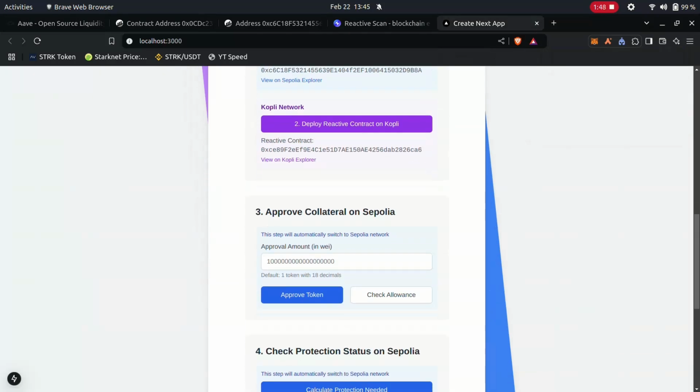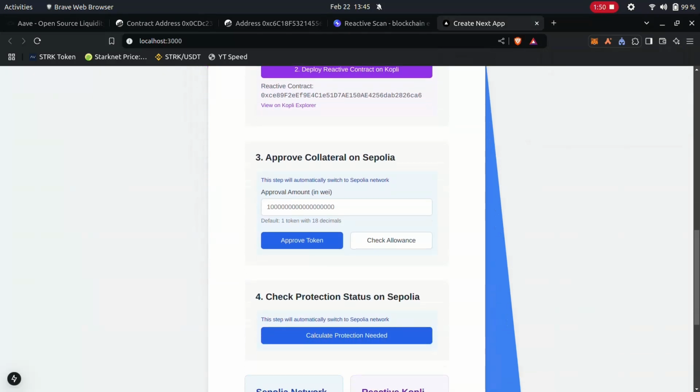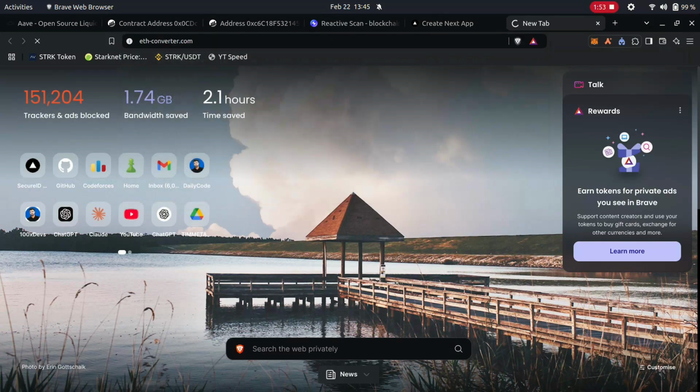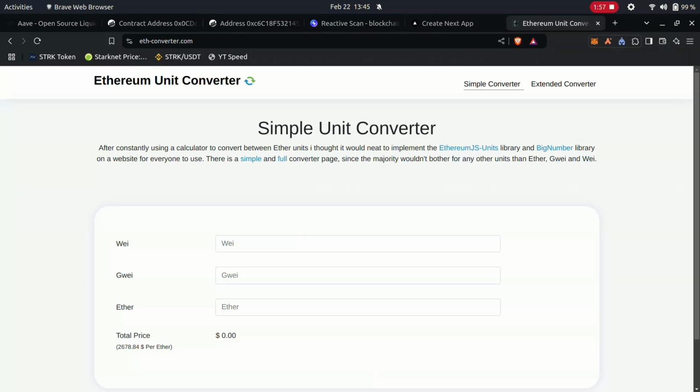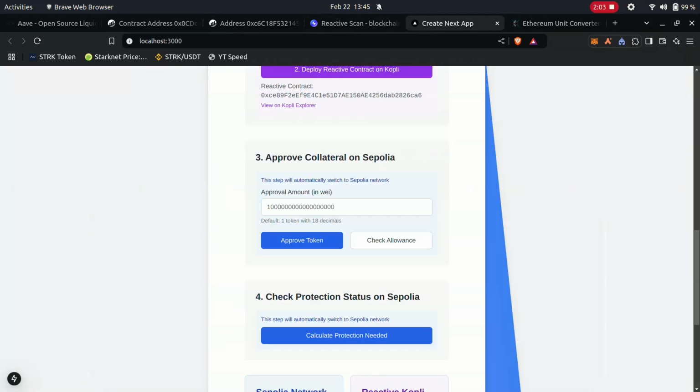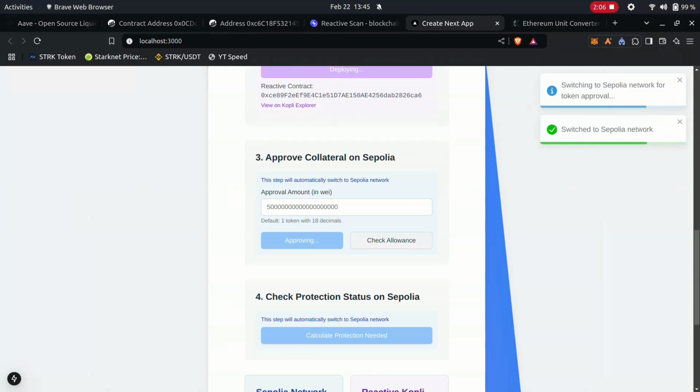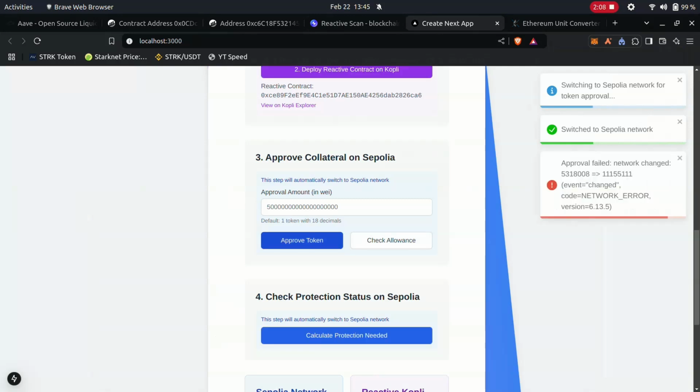Now, since I do not have access to these Uniswap sync events for testing purposes right now, what I have done is I have created a test smart contract which does nothing but emit a sync event, which we are monitoring on the Uniswap pools. So this is just for testing purposes.